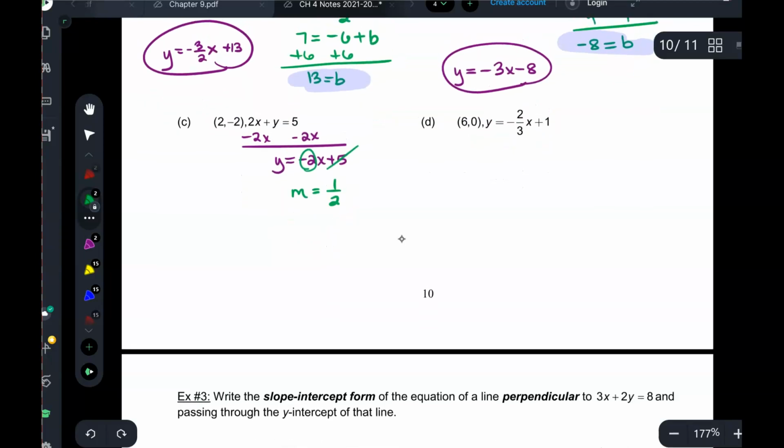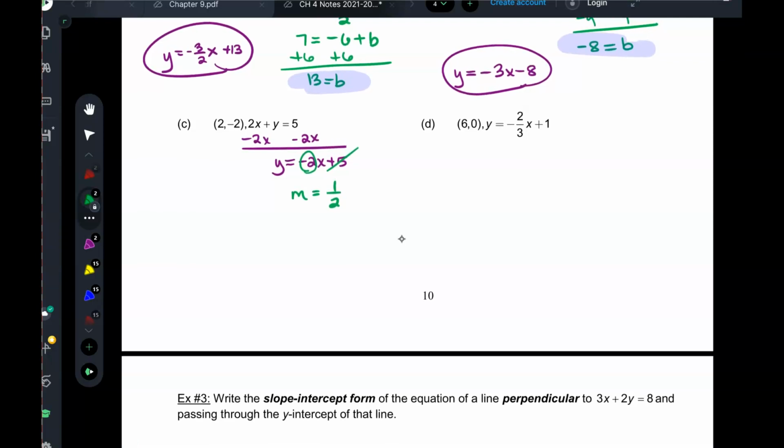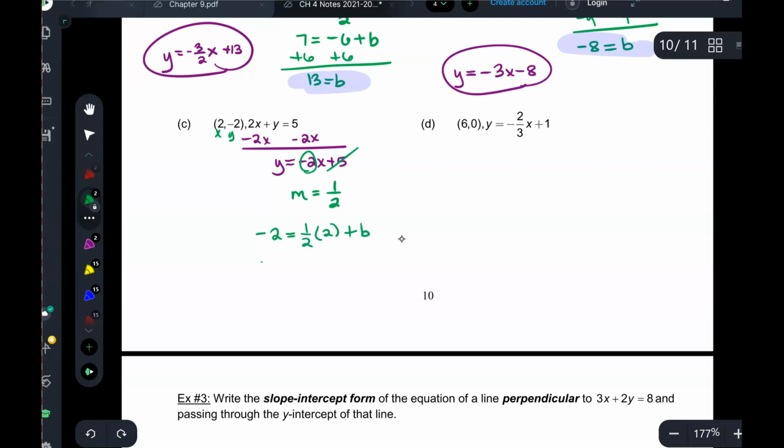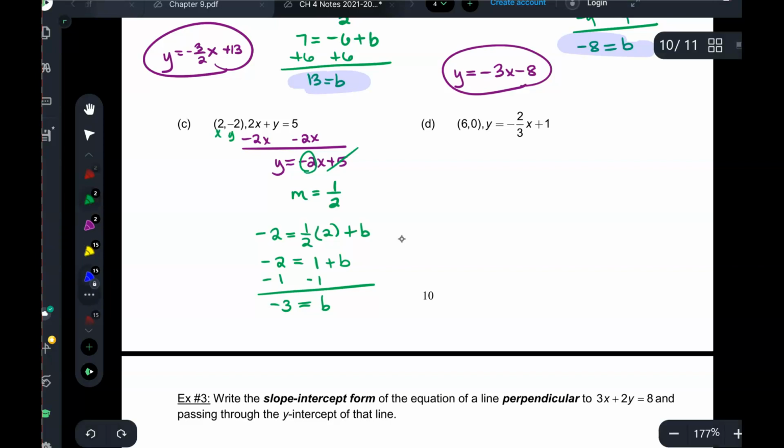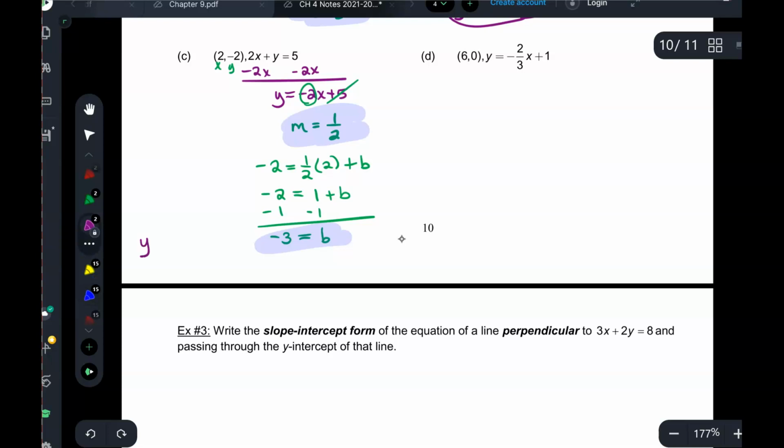Looks like we're getting, I was looking at your D. So let's see, did we get negative 3? Let's see, negative 2 equals 1/2 times 2 plus b. So 1/2 times 2 is 1. So I get negative 2 minus 1 gives us negative 3. So I'm going to put together my slope of 1/2 and my y-intercept of negative 3. So I get y equals 1/2 x minus 3.